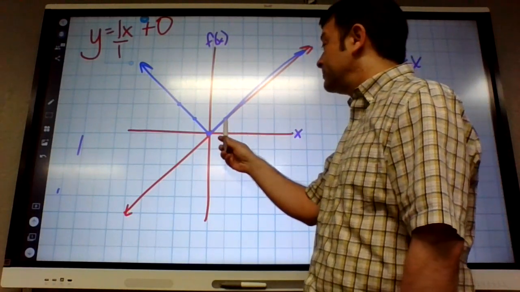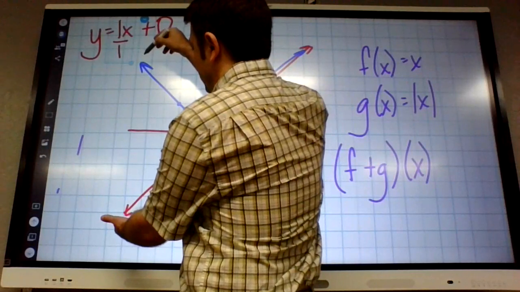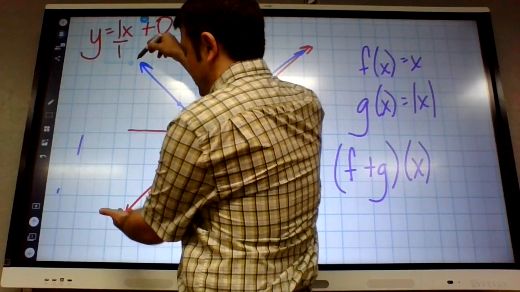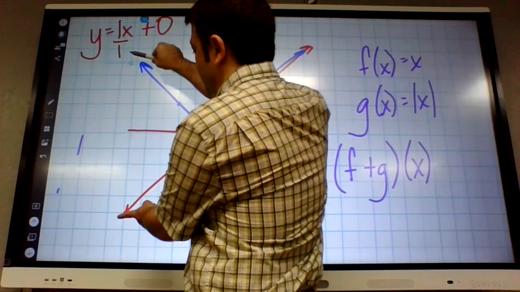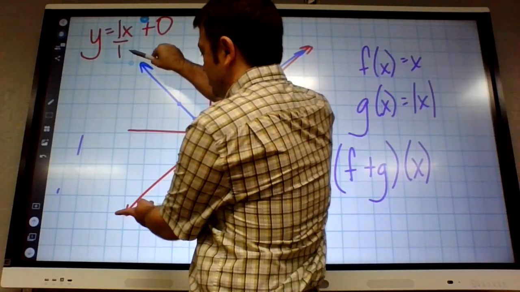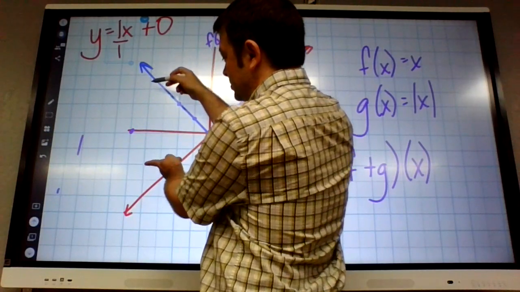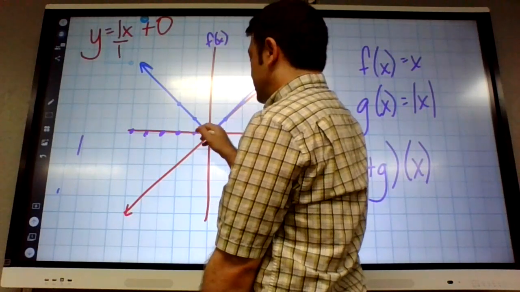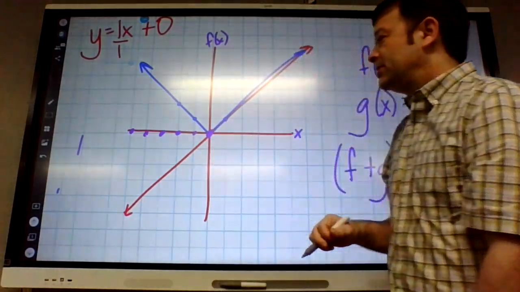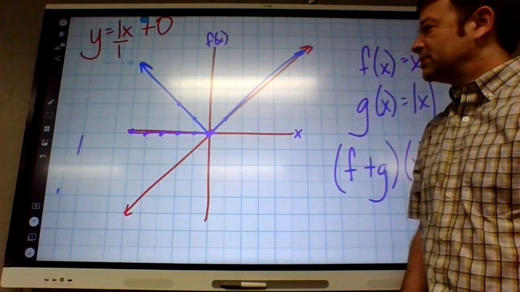Anyway, so when you add the two functions together, like right here, this function is worth 4, this function is worth negative 4. What do you get when you add 4 plus negative 4? 0. 3 plus negative 3? 0. 2 plus negative 2. So all these out here will be just on the x-axis.